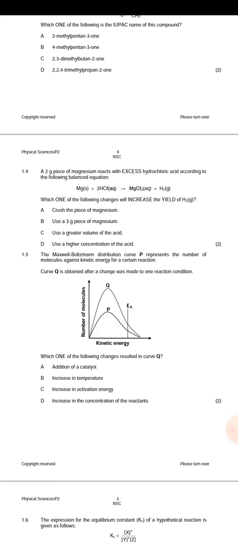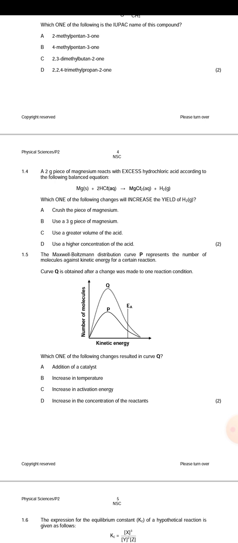1.4, a 2-gram piece of magnesium reacts with excess hydrochloric acid according to the following balanced equation. Okay, balanced. Which one of the following changes will increase the yield of H2? A, crush the pieces of magnesium. Okay, that sounds right, but why isn't it right?